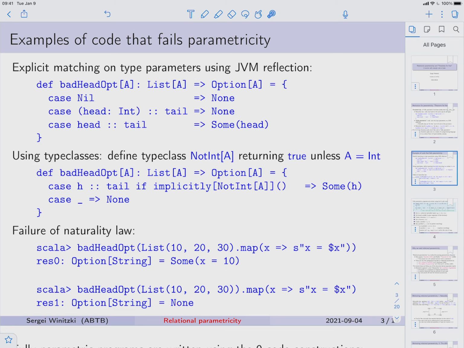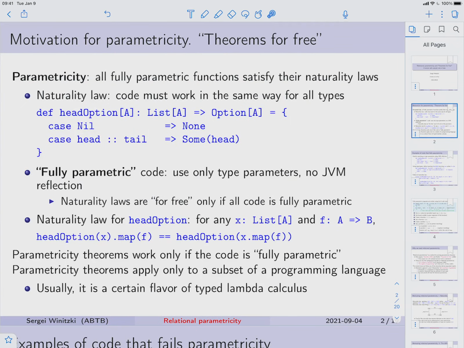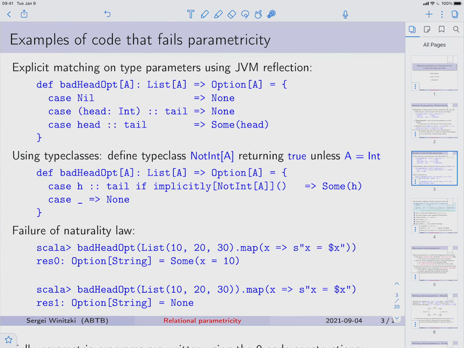So this is an example of code that violates the naturality law. So the refactoring that I showed here will not produce correct results, and that's a bug that is hard to detect. Of course, not in this very simple artificial situation, but in real life code.